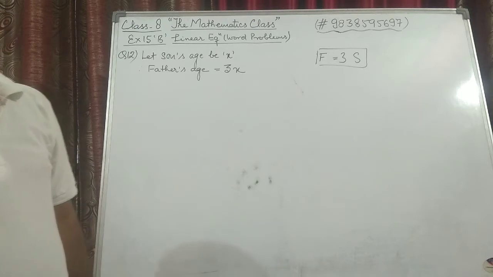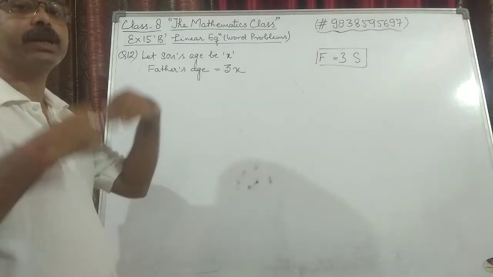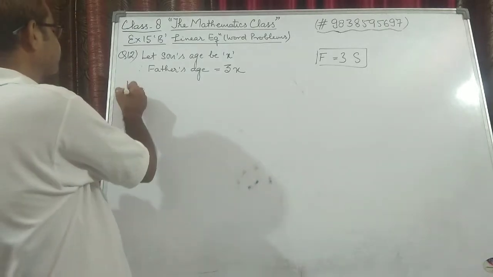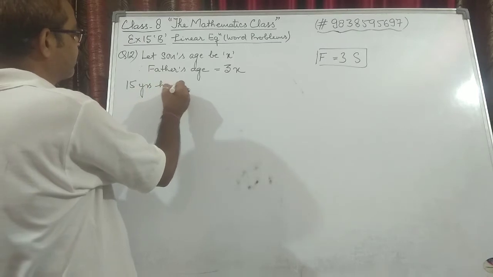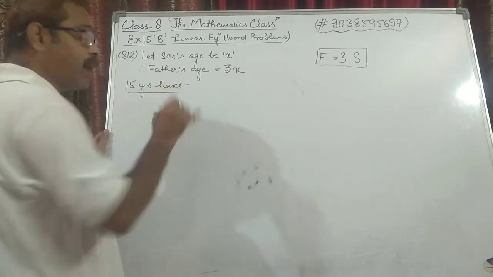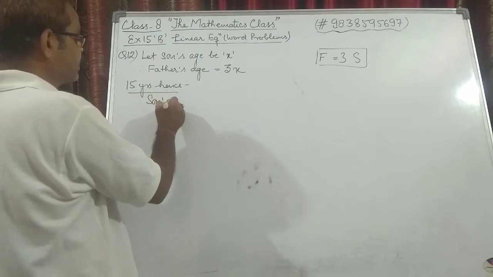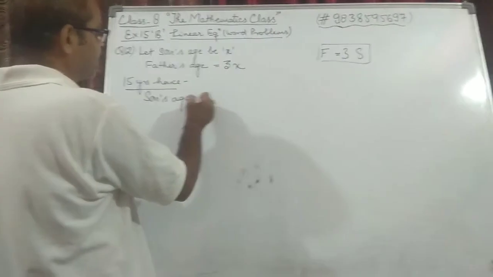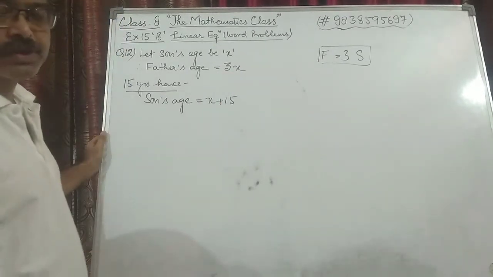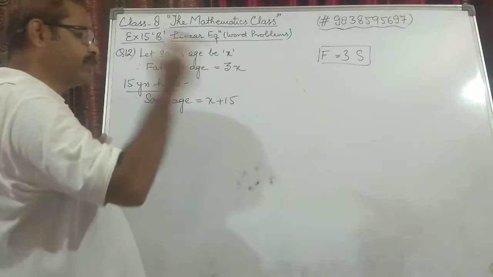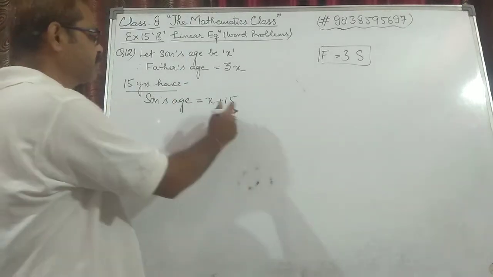Then they say 15 years hence. 15 years hence means 15 years later, after 15 years. So after 15 years, the son's age will become x plus 15, because today the son's present age is x, and 15 years from now it will be 15 more, that is x plus 15.